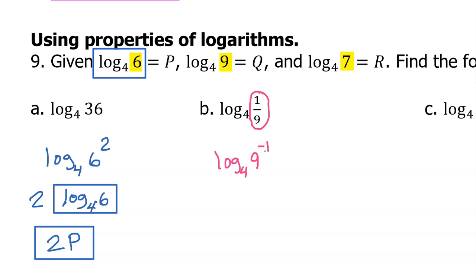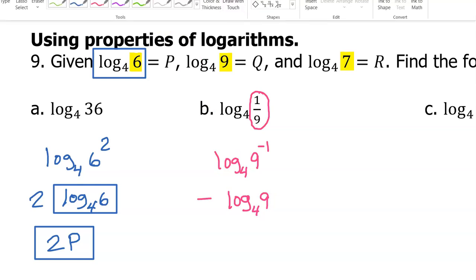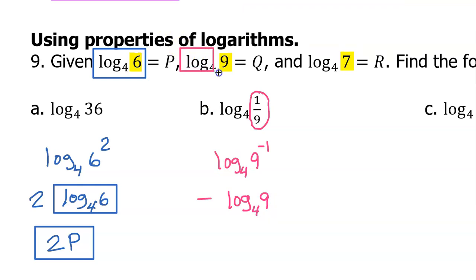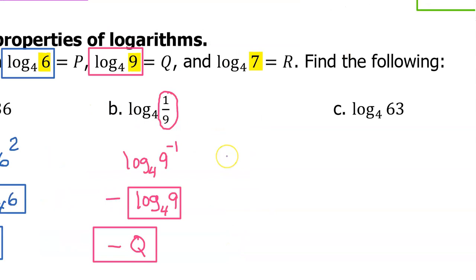And of course, Naya, what am I going to do with that negative 1? So now I can bring that to the front. So I have negative log base 4 of 9. And again, the log base 4 of 9, we are told that is q. So I can replace the log base 4 of 9 with the letter q, and that just gives us negative q instead.